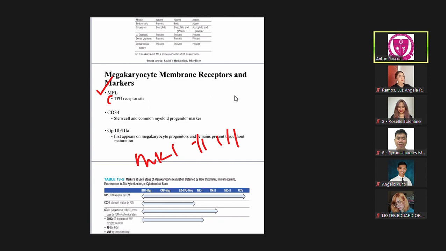Kailangan meron kang receptor site for thrombopoietin so that your cell will mature, will undergo endomitosis, and allow you to release your platelets. Okay? So yan, again, MPL serves as your receptor site for TPO or thrombopoietin. And MPL stands for myeloproliferative leukemia.